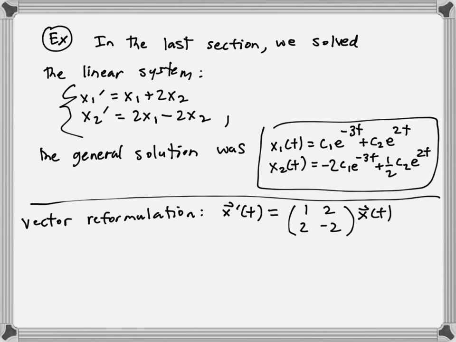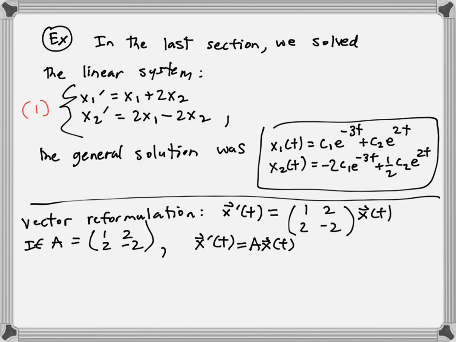Or if we let A equal to 1, 2, 2, negative 2, then we get the following for our differential equation. X prime of t is equal to A times x of t. Okay, so if I were to call this guy 1, I have reformulated 1 to look like this.